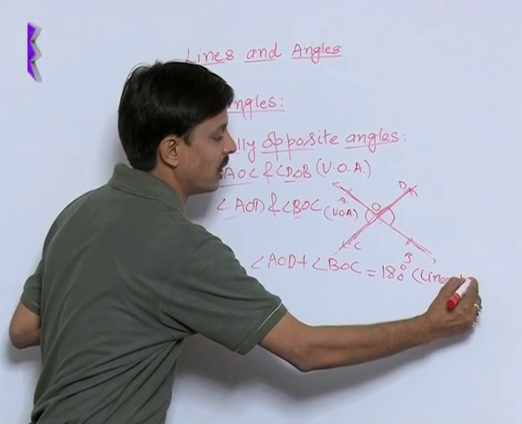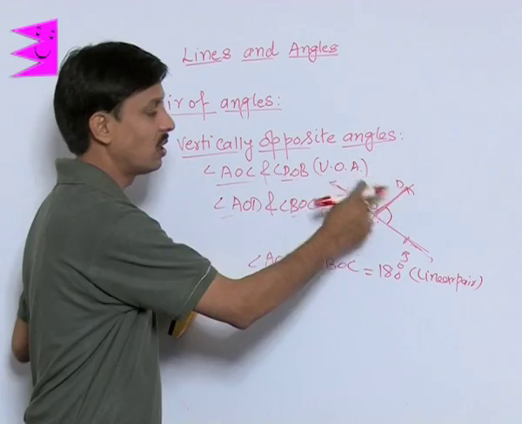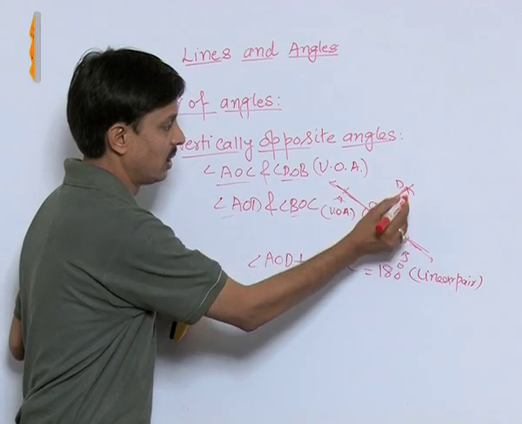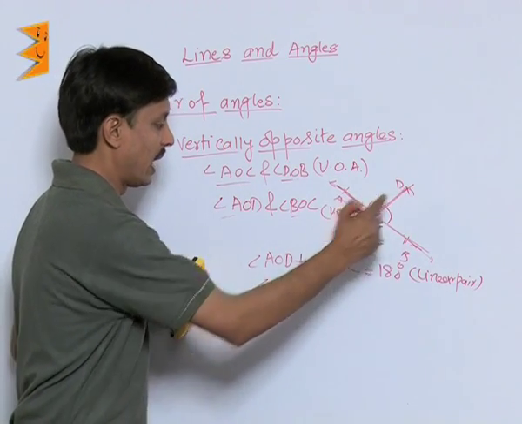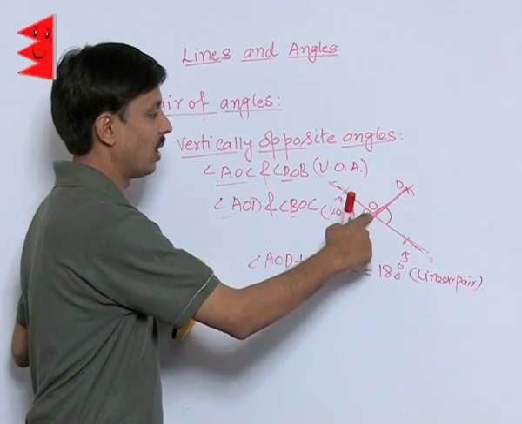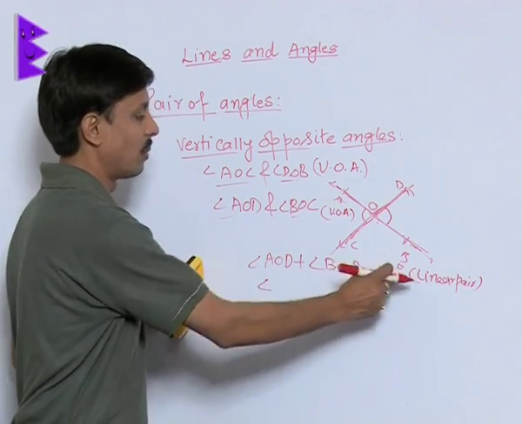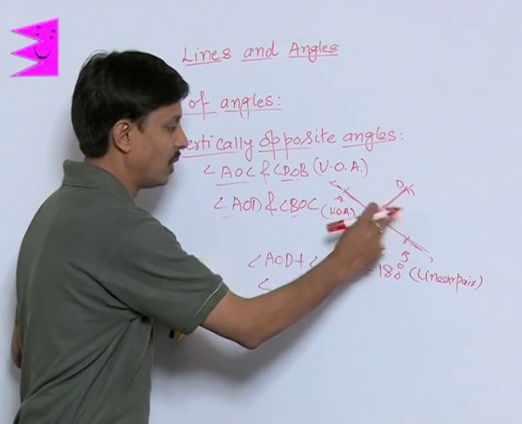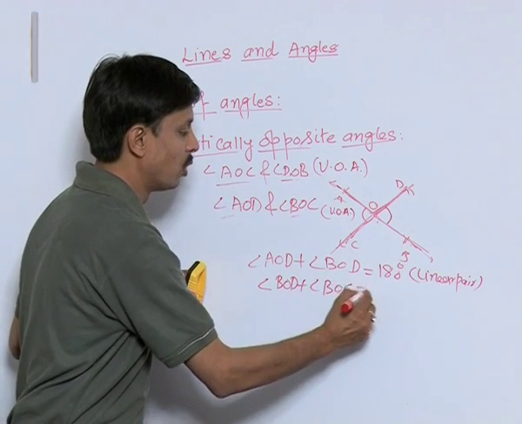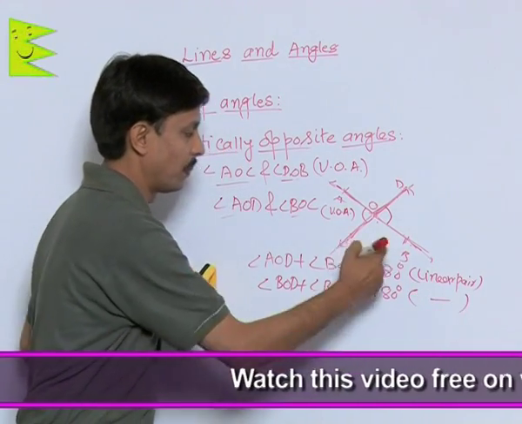Now angle AOD plus angle BOD, their sum is how much? 180 degrees. Now I am taking angle BOD plus angle BOC. Their sum is also how much? 180 degrees. Same reason, linear pair.